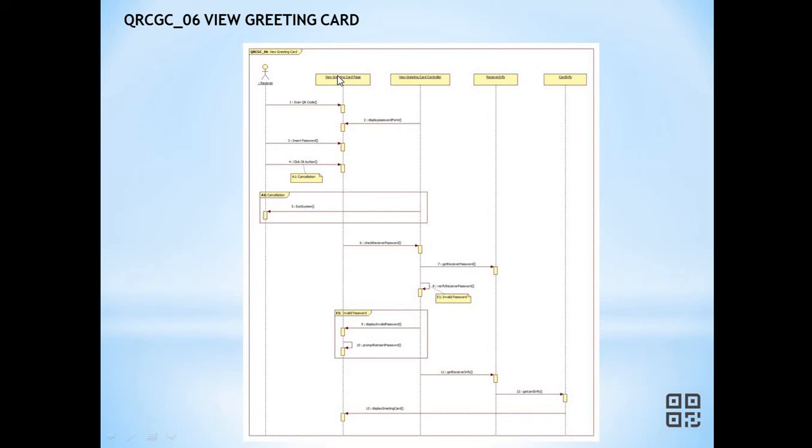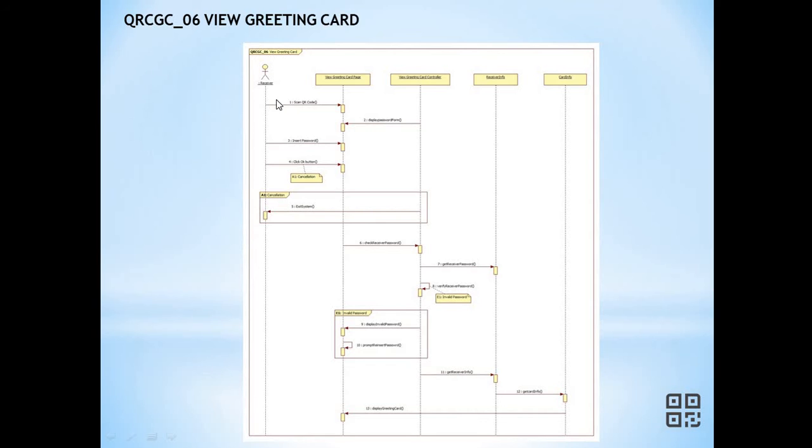So next one, this one for the receiver is view greeting card. The receiver will receive the email and will open the email. Basically the rule of this view greeting card is the receiver must install a QR code scanner on their device, so that it can automatically scan the QR code, and then it will prompt and display the password form.